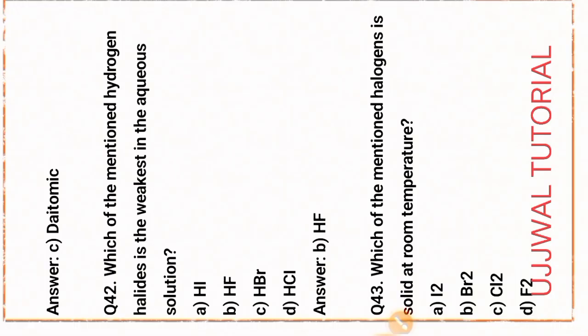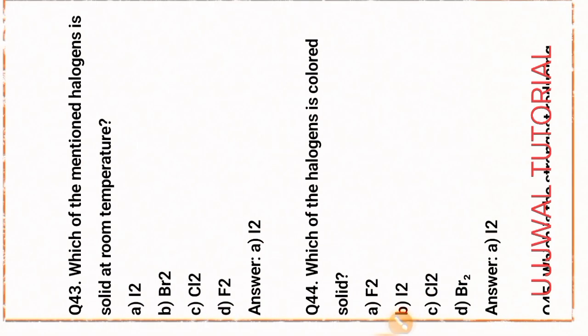Except hydrogen fluoride. Okay, option B is the right answer. Next question, question number 43. Which of the mentioned halogens is solid at room temperature? Iodine, I2. Option A is the right answer.